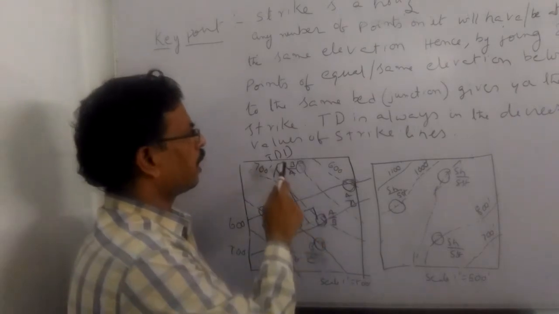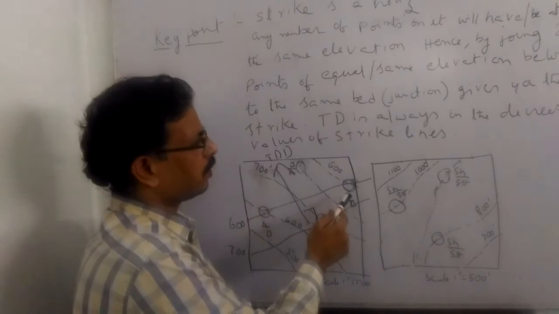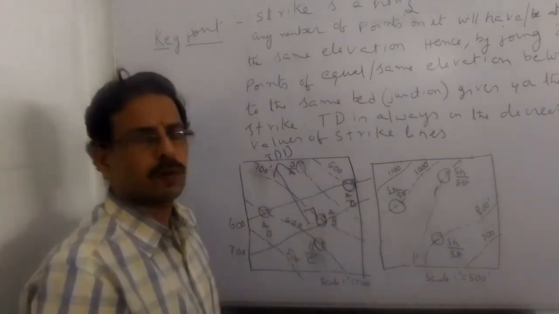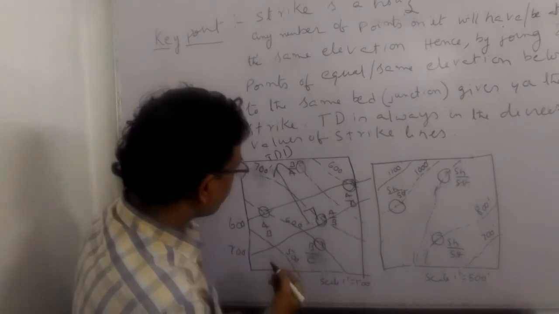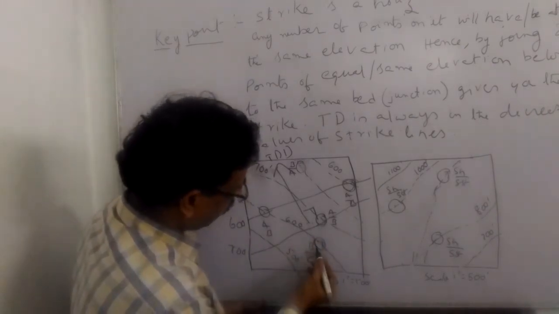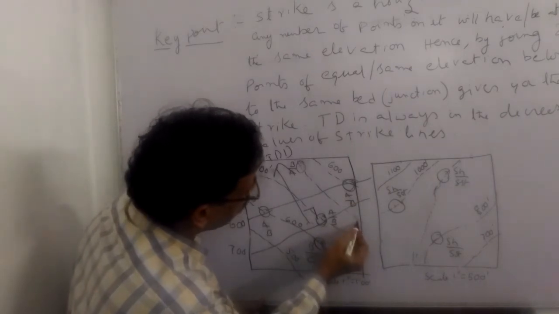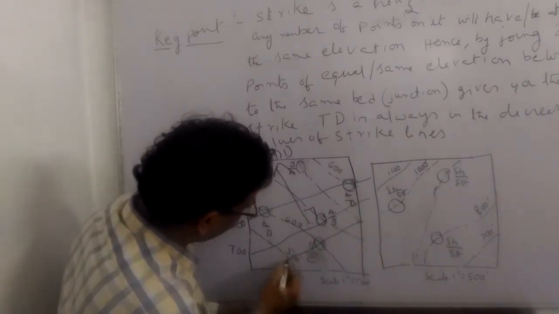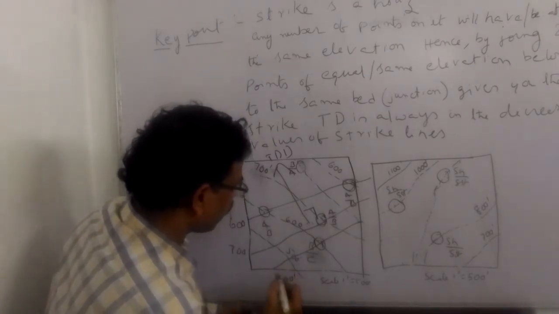When you are drawing this true dip direction, you need to consider only the same bed junction. For example, this is B by C. If I draw one more line parallel to these, what is the value of this one? This is the 600 point.